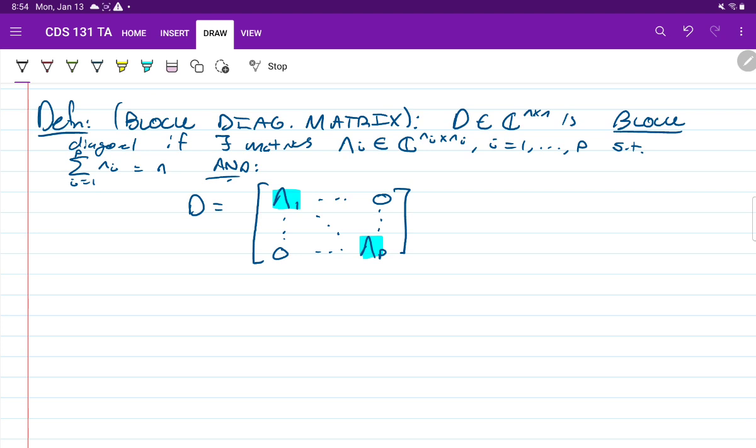So if a matrix is block diagonal with blocks lambda_1 through lambda_p, then in general we'll write D equals blkdiag, or block diag, of lambda_1 through lambda_p. This is generally how we'll denote that D is block diagonal of this form. This is really a nice relaxation of the idea of diagonal: instead of asking that our actual matrix is diagonal, we're just asking for some much looser diagonal structure.